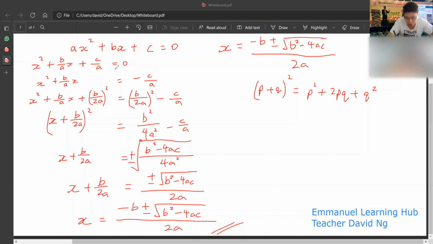It's not that hard to derive, to be frank. It's just algebra manipulation and completing the square. This one you divide by A and you complete the square. And with algebra manipulation, you can get the formula already.